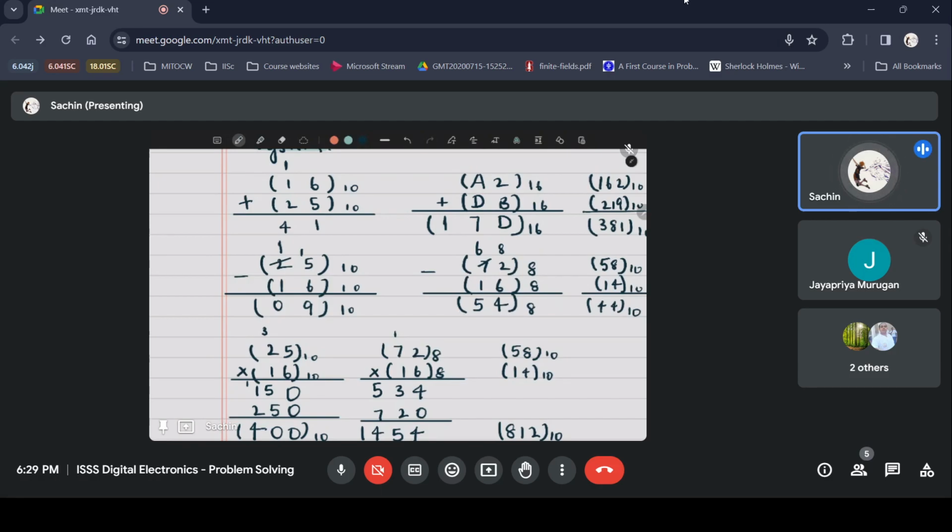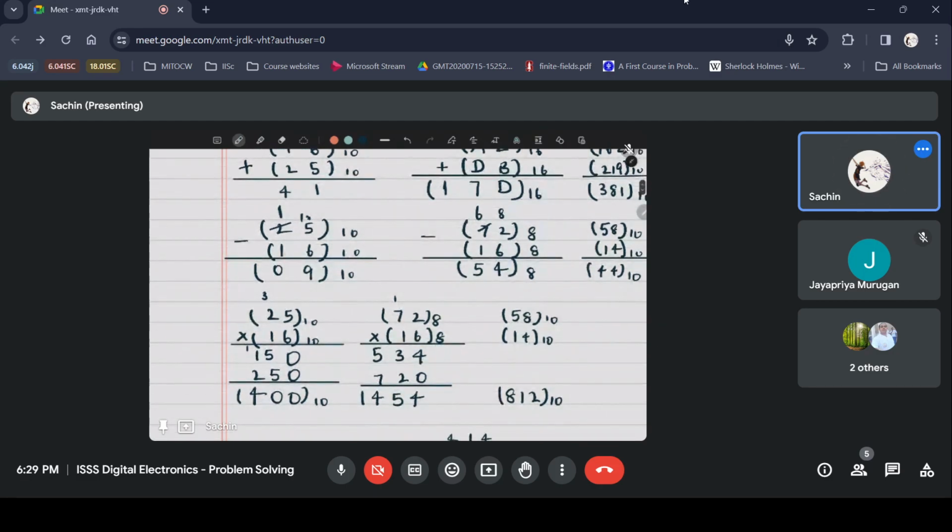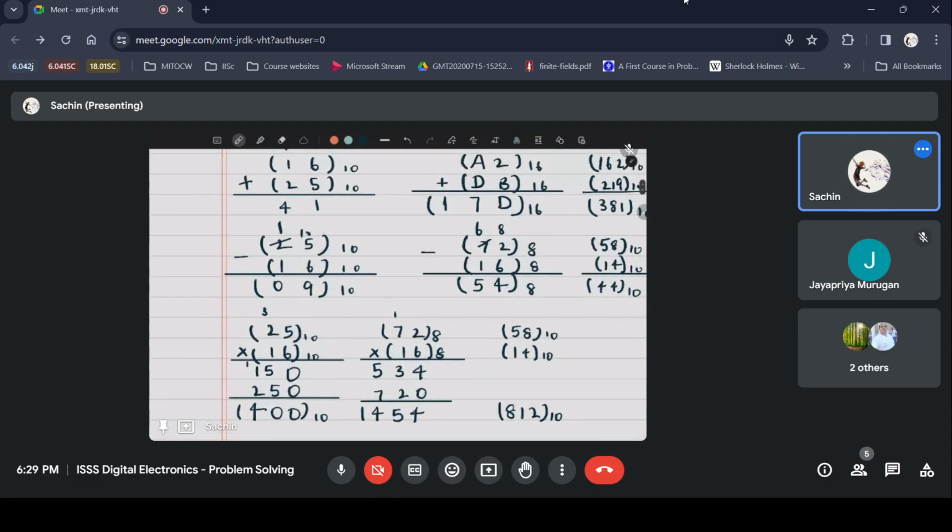So the ten you leave as it is. The 10 ones are carried over to here. So it's actually 10 plus 5. So you have 15 ones, out of which you are subtracting 6 ones. So you get 9 ones. The same principle you apply in other number systems also.